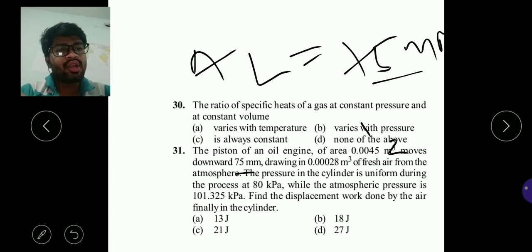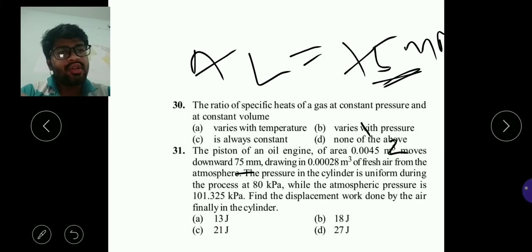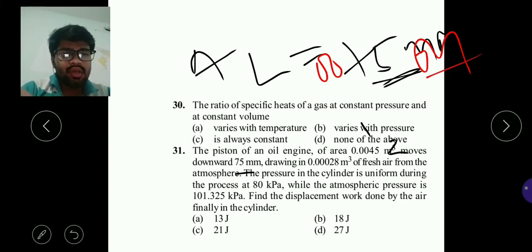We can convert this into meters, which will be equal to 0.075 meter. Then drawing 0.00828 meter cube of fresh air from the atmosphere.